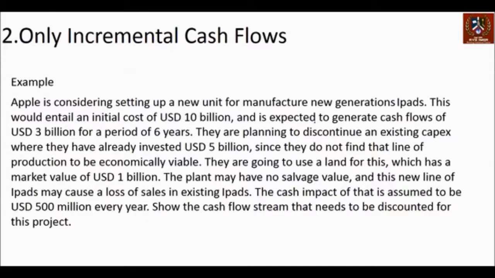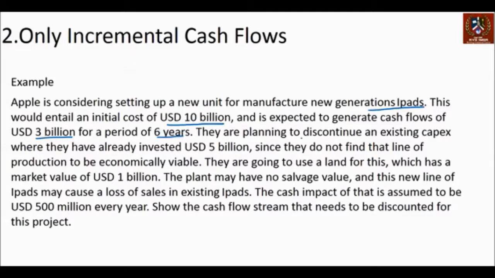Let's take an example. Now let's say Apple is considering setting up a new manufacturing unit to manufacture new generation iPads, right? iPad 6, 7, whatever. They are going to generate that. This would entail an initial cost of USD 10 billion and is expected to generate cash flows of, let's say, USD 3 billion for a period of, let's say, 6 years, right?